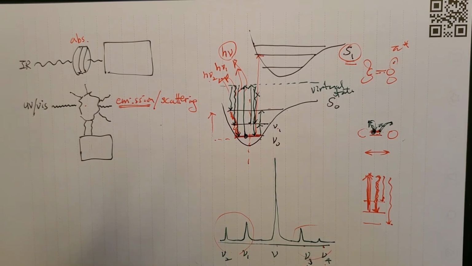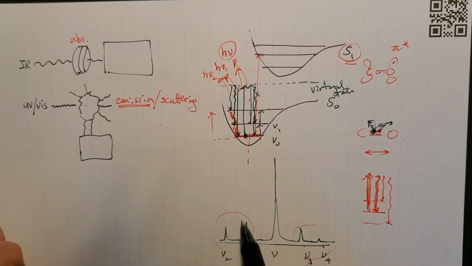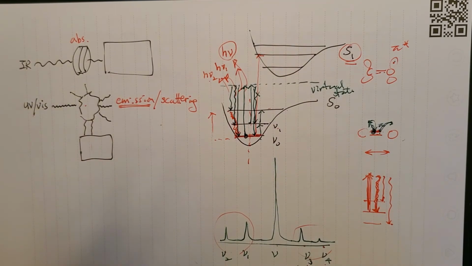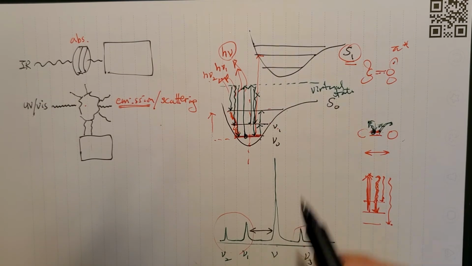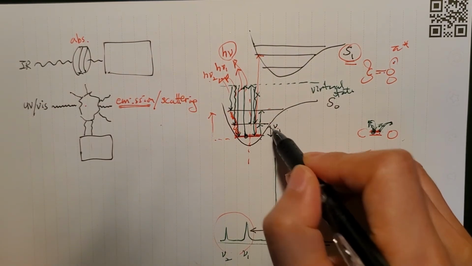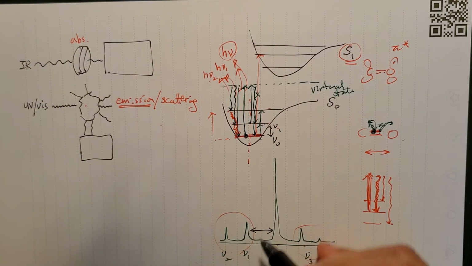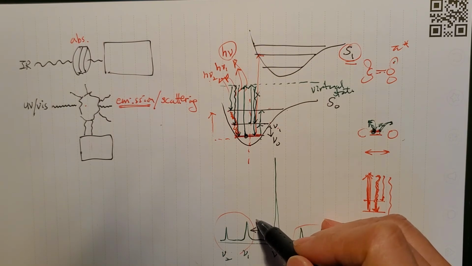That anti-Stokes is less likely. So Stokes is more intense than the anti-Stokes peaks, but they are both much weaker than Rayleigh scattering light. Also, we know that the energy gap between this and this is the energy between these vibronic states. So we call this the Raman shift.